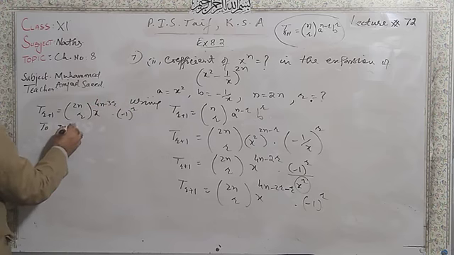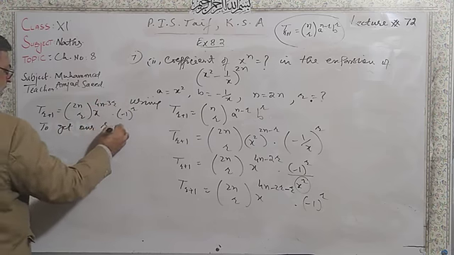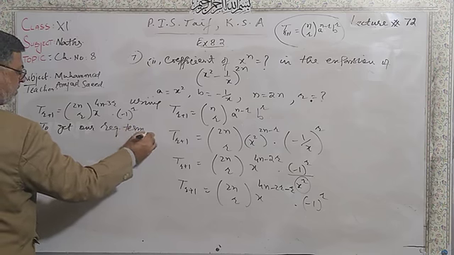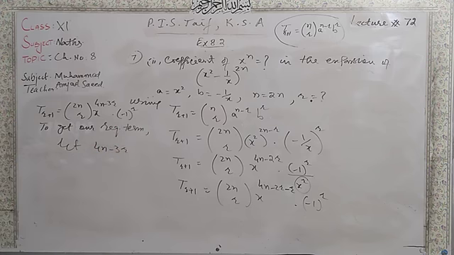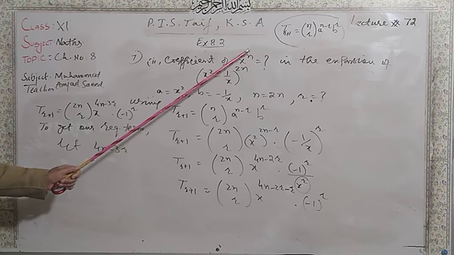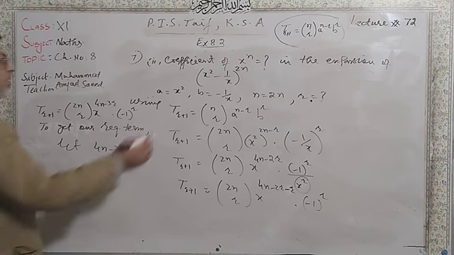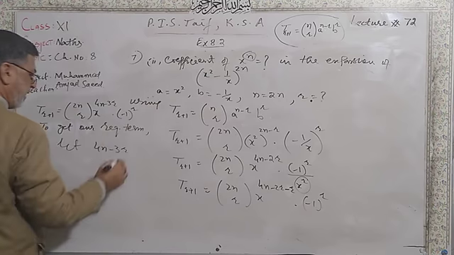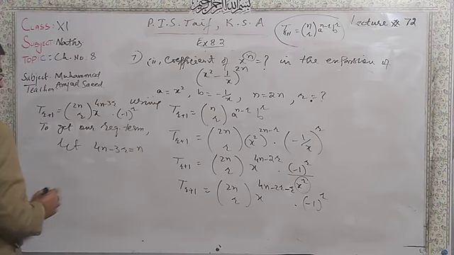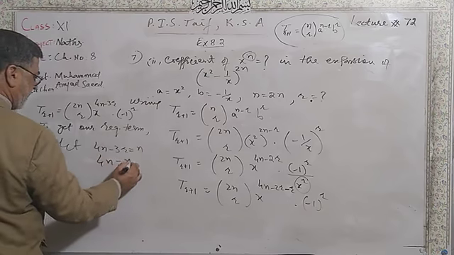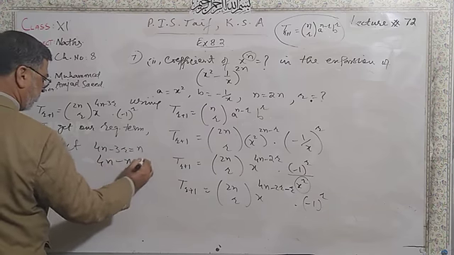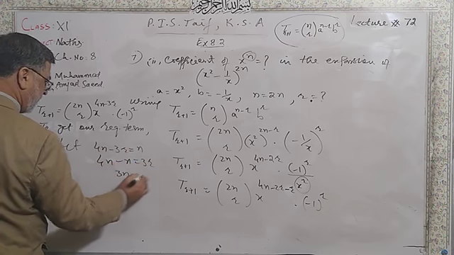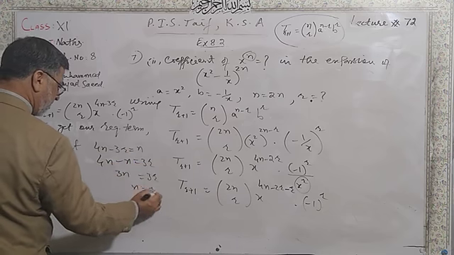To get our required term, let x power 4n minus 3r be equal to x power n. Here it is n. So 4n minus n is equal to 3r. 3n is equal to 3r, and n is equal to r.